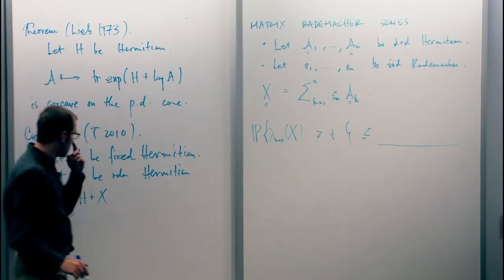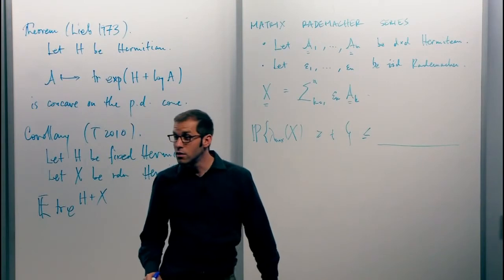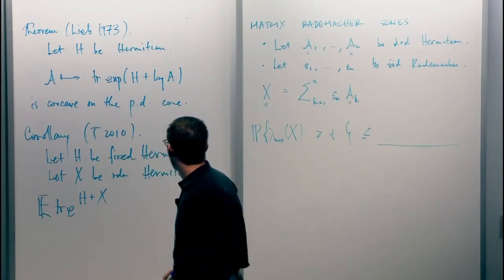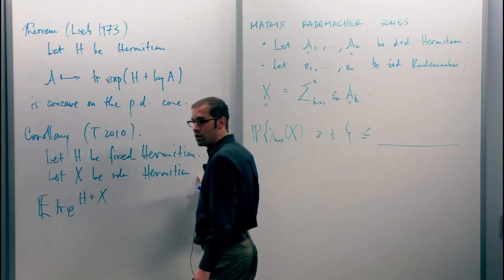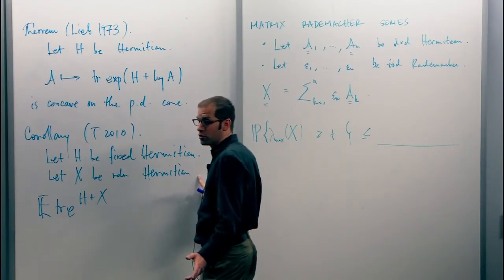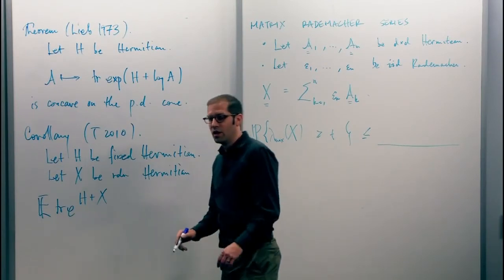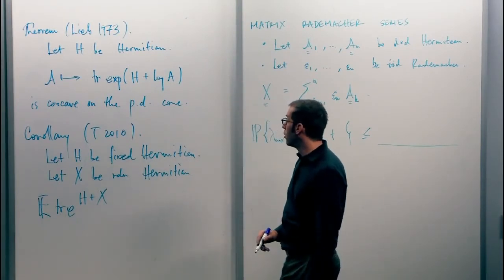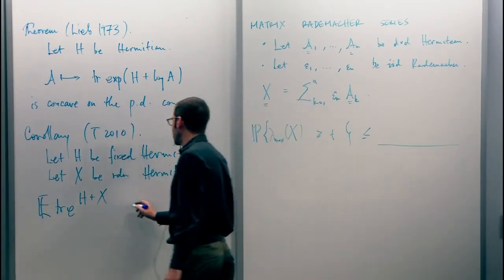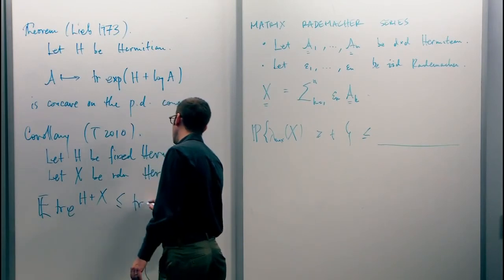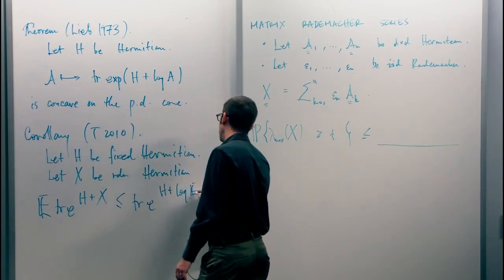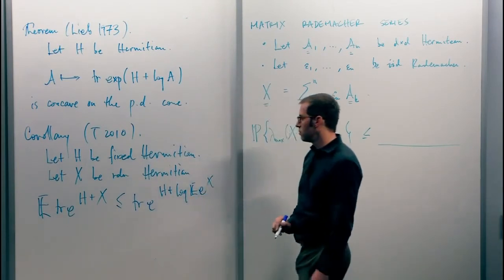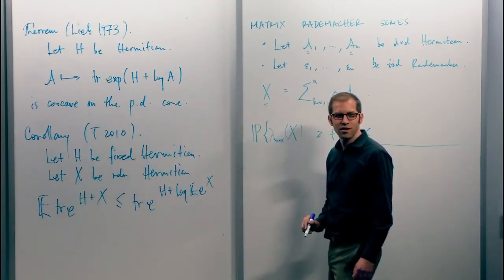When you say random Hermitian, what do you mean? So X is any distribution over the Hermitian matrices whatsoever. So it turns out that this is less than the trace of the exponential of H plus log expectation of e to the X. Why is that?